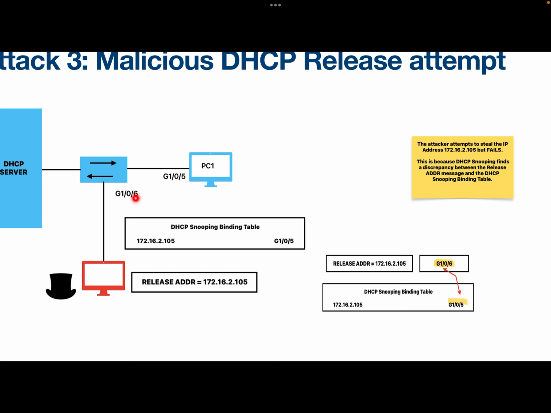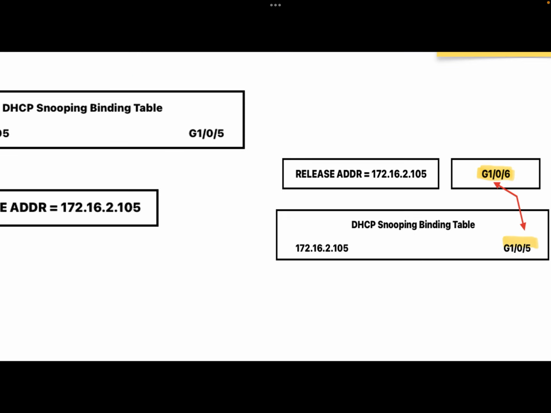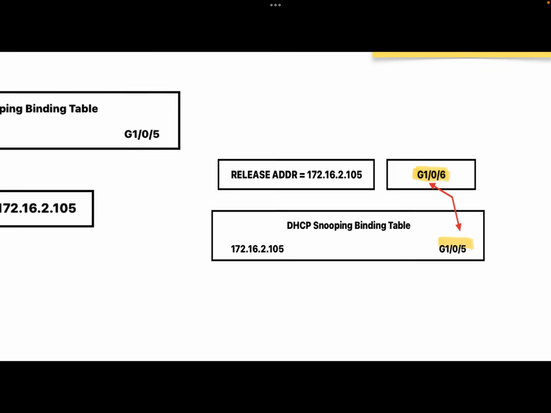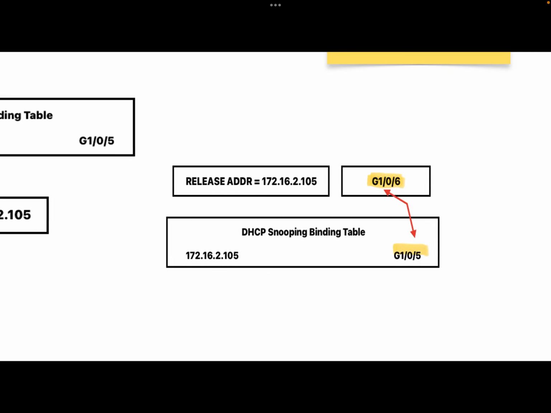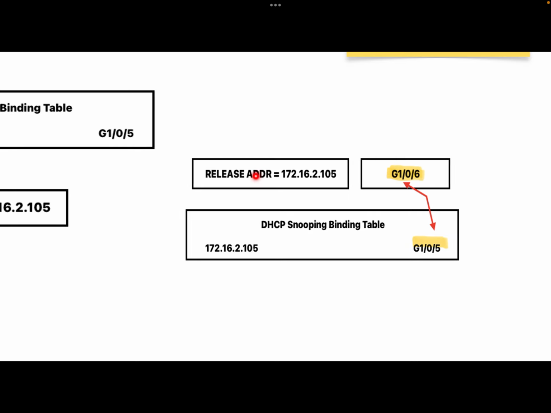The switch, however, because DHCP snooping is enabled, carries out an examination and doesn't just blindly follow any requests from untrusted ports. It checks the actual interface that this release message claims to be from, and when it checks the binding table, that interface does not match. That's G106 in the release message, whereas the binding table says G105 is the interface that connects to PC1.